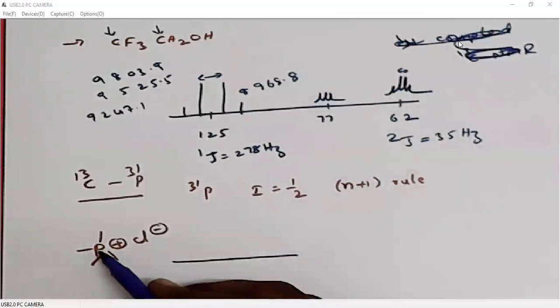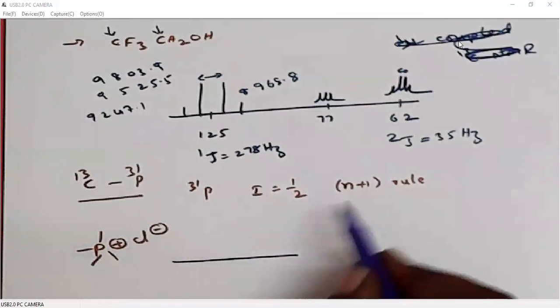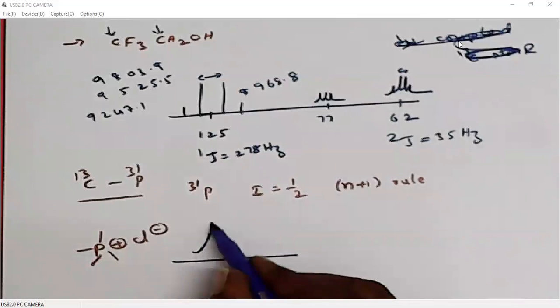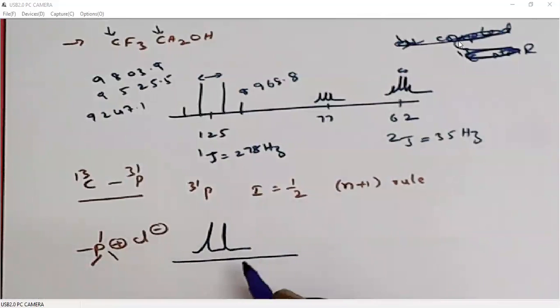N means the number of phosphorus atoms. Because we have one phosphorus, 1 + 1, 2, doublet. So this doublet is observed at delta 12 ppm in carbon-13 with a coupling constant value of 56.1 Hz.